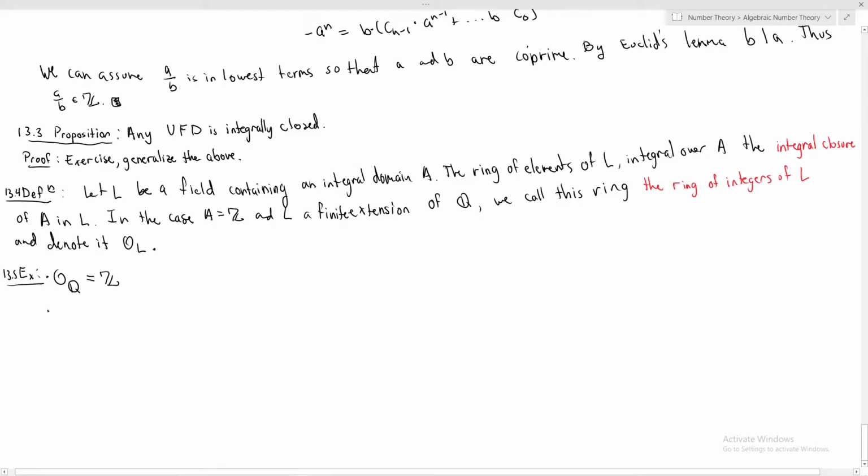Maybe I can also say the integral closure of, let's say, Z adjoin i. This is a domain, a UFD, and the field of fractions is Q adjoin i.